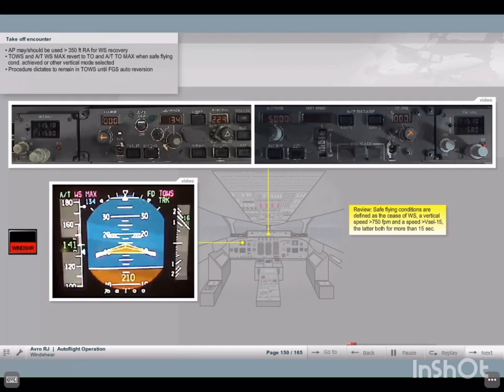Autopilot may be used above 350 feet RA and will provide recovery control in the same modes as the flight director.